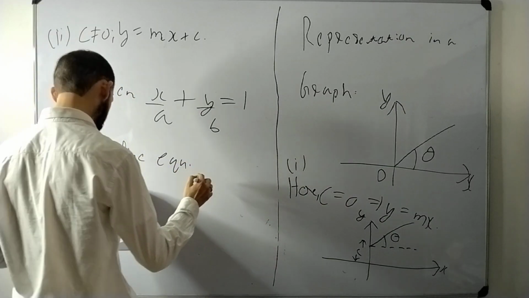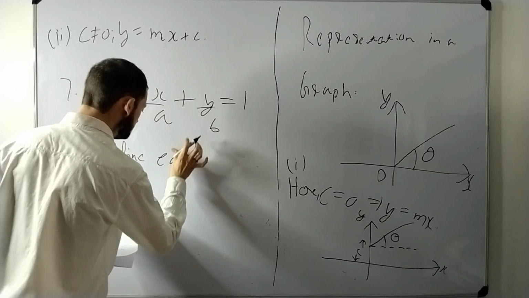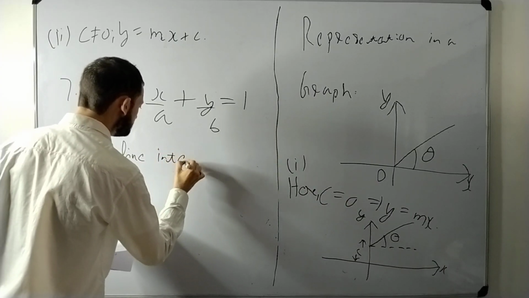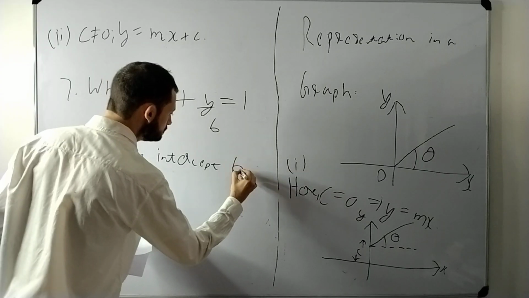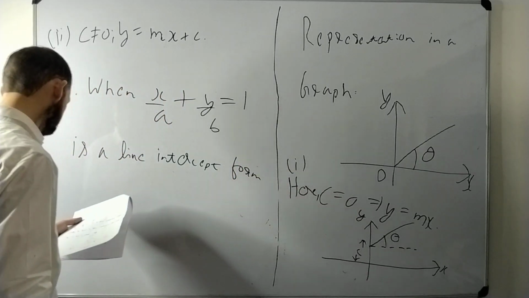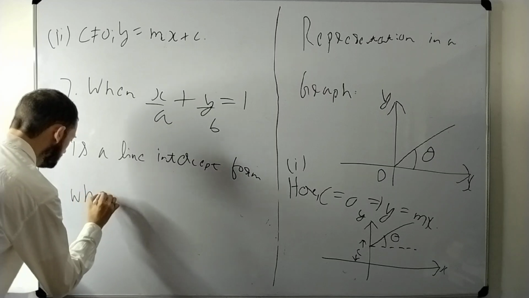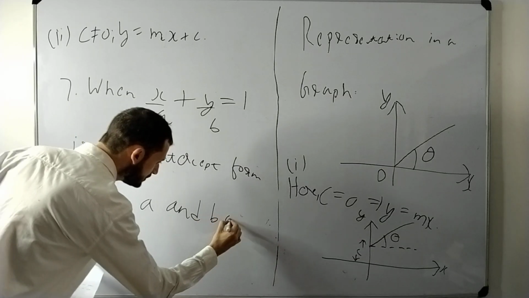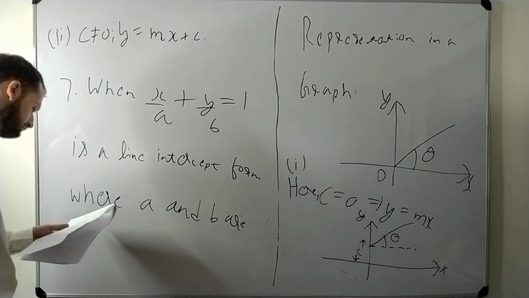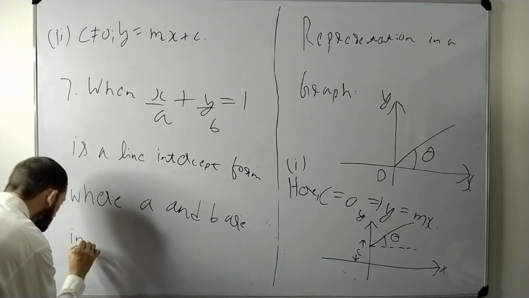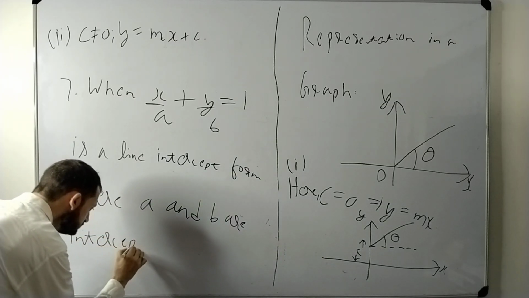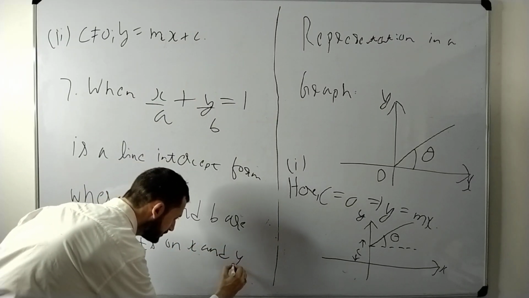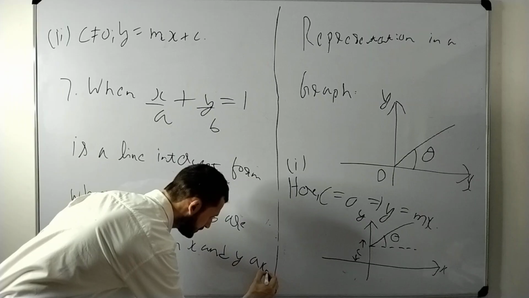A line intercept form, not equation. Line intercept form, where a and b are what? Intercepts. Very good. Where a and b are intercepts on x and y axes respectively.